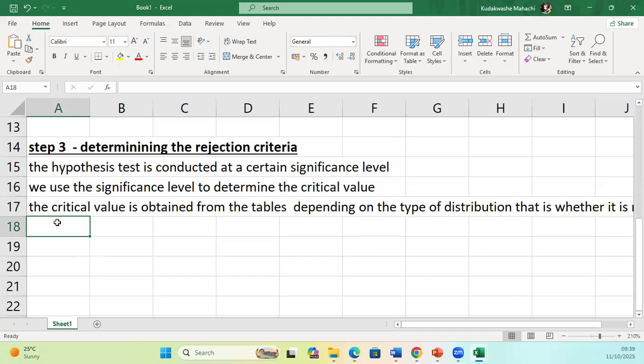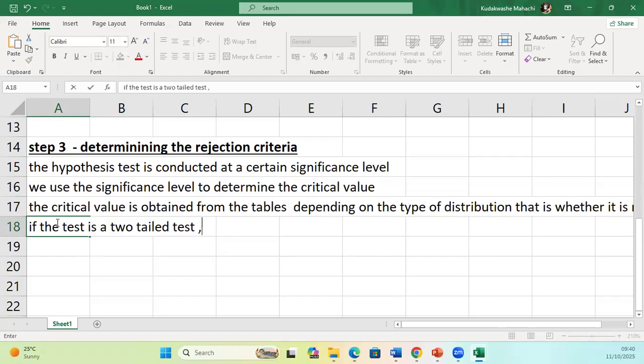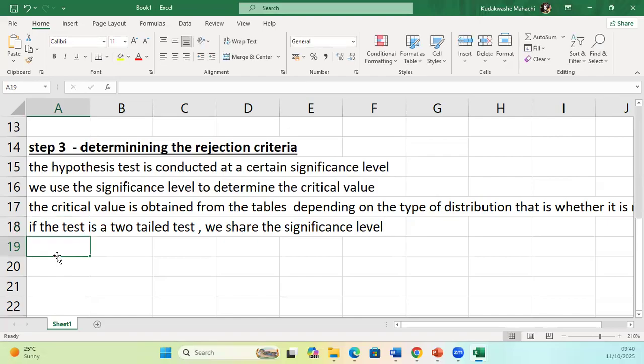Then, if the test is a two-tailed test, we share the significance level. We'll talk about the two-tailed test later on. So in hypothesis testing, we have a one-tailed test and a two-tailed test, but for now, let's leave it there. I'll show you using an example.